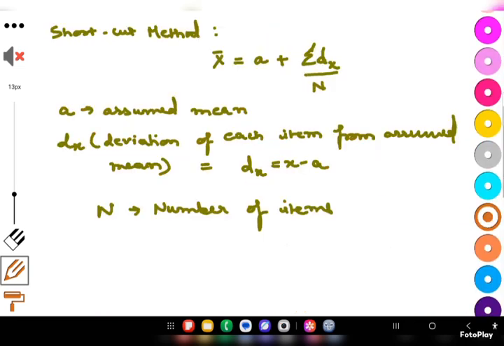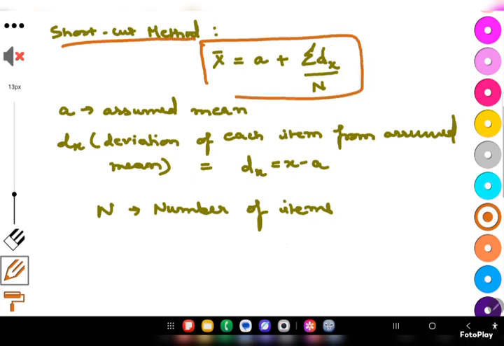Now the process of computing mean by shortcut method in case of individual series has the following formula, where x bar, again the mean, is equal to small a plus sigma dx upon capital N, where this small a is an assumed mean, which is often known as arbitrary origin also.